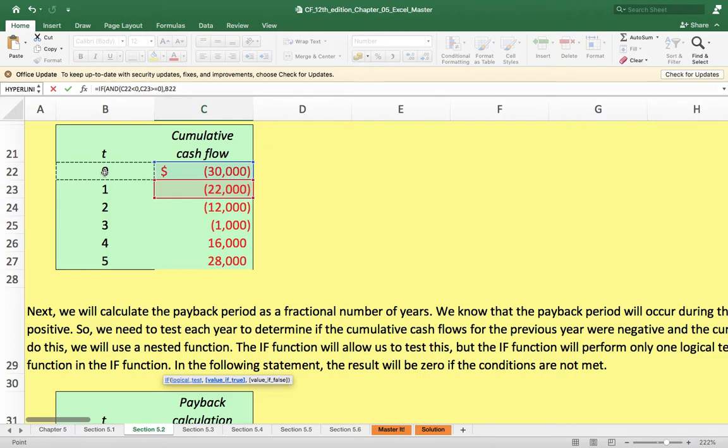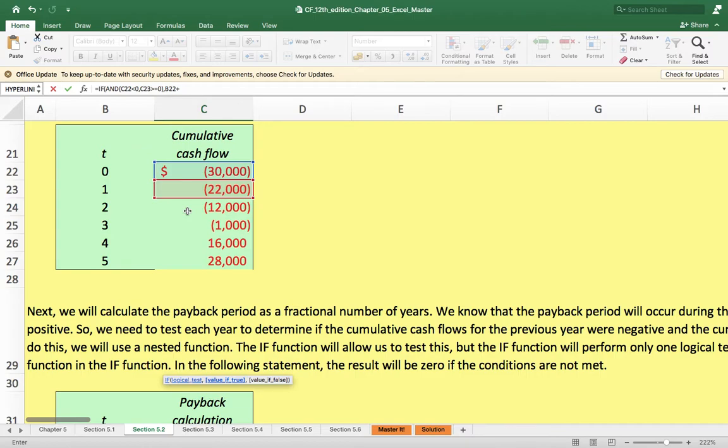What you have said: the very first cash flow will be negative, thereafter if the next cash flow is equal to or greater than 0, that means the payback period will be the previous year's cash flow, previous year, that is year 0 here, plus we don't want to consider the sign, we want to ignore the sign.